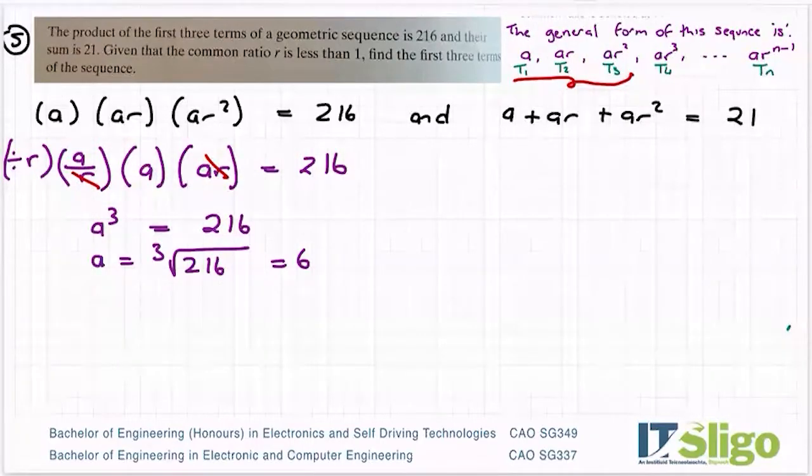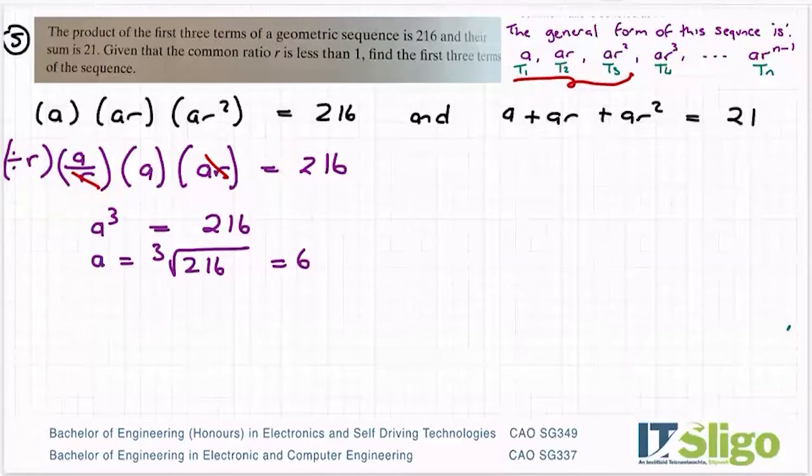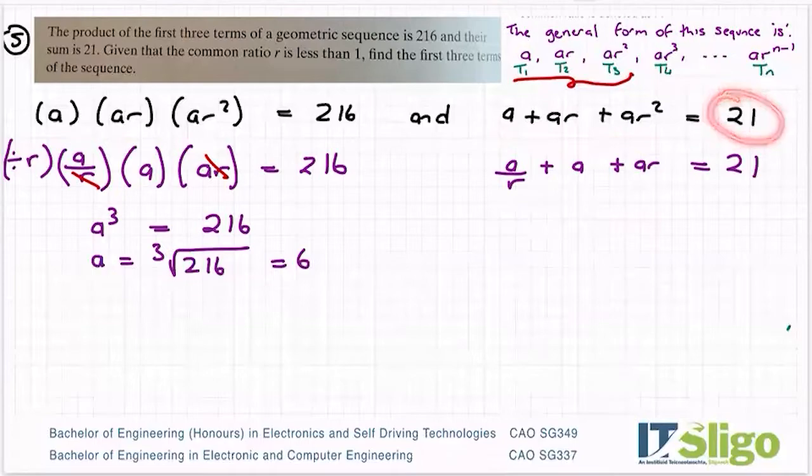Now, if I'm going to divide the three terms by r in this piece of information, then I have to do the same here. I can't just go back to the original terms here and let that equal 21, whereas when I divided by r it was equal to 216.